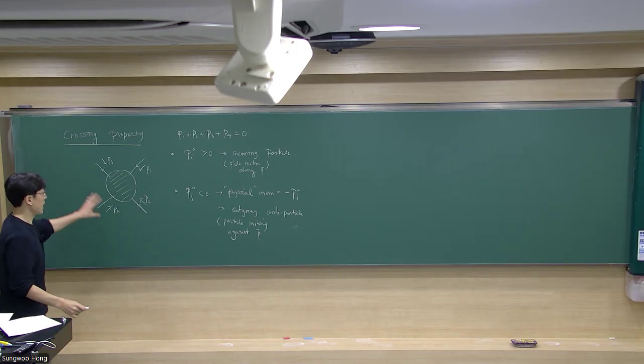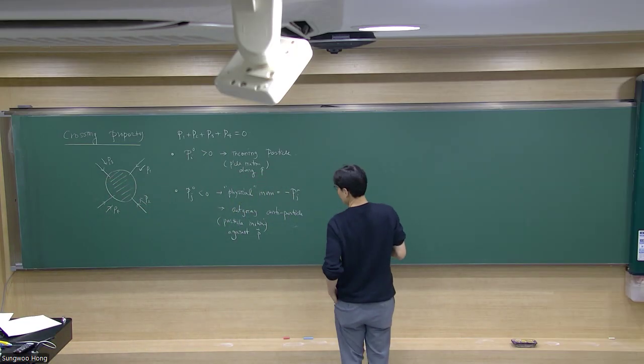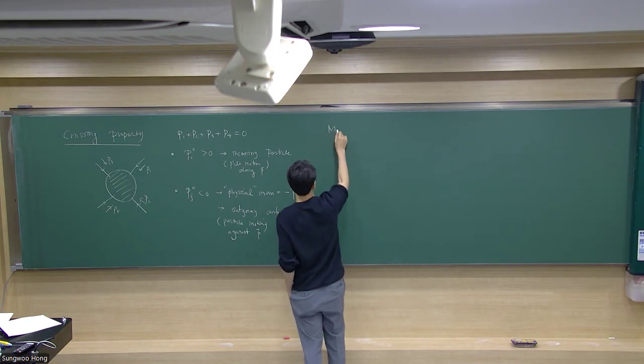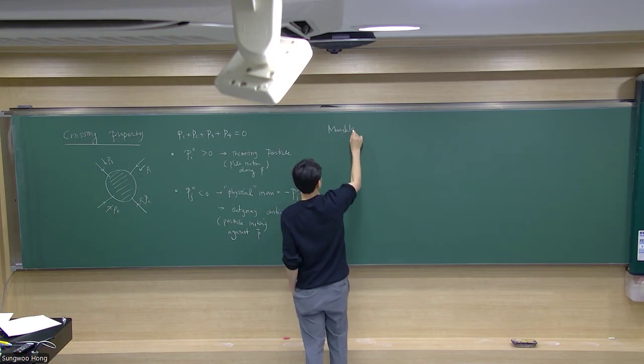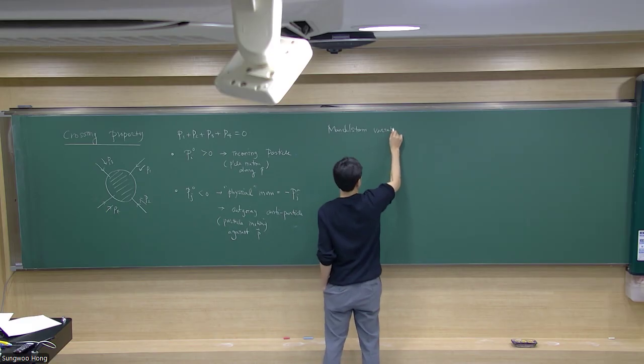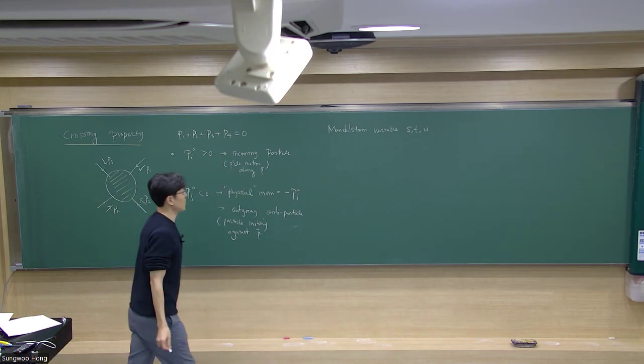Okay? So that's that. So with this, then I introduced for two-to-two scattering, I say that we can use the Mandelstam variables S, T, U. So let me now repeat, rewriting all the definitions.